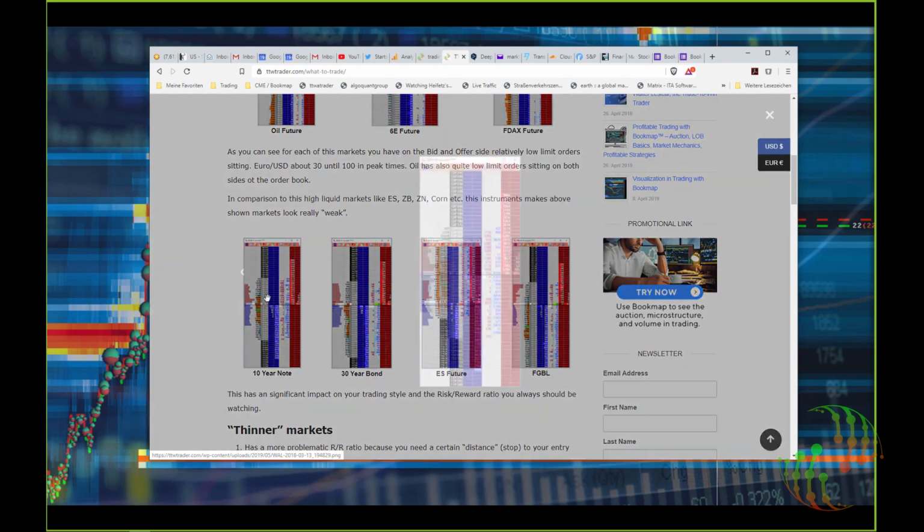But watch the 10-year note, for example. We are dealing here with thousands of contracts per price level. And this is the 30-year bond. Look here, we are dealing with 500, 600, 700 contracts per price level.